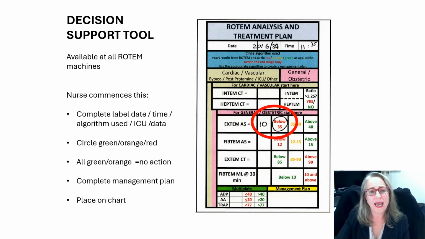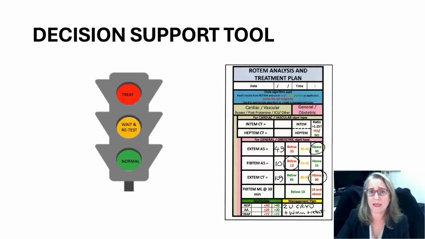These decision support tools are available at all the machines, and they go through the key 6 numbers that come out of the machine for the Rotem machine, and you can then circle if you're in the red zone. Now the orange zone I've prescribed is a wait and retest kind of zone.